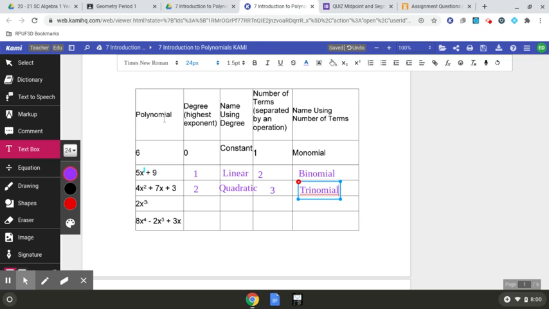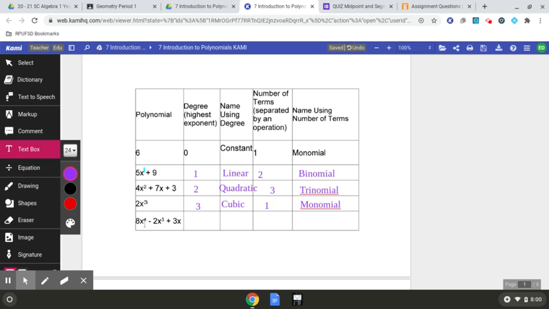The next one, 2x cubed, my highest exponent here is a 3. This is the last one that you have to know the name for, and it's called cubic. And then again, we are going to learn how to graph that, what it looks like. This only has now one term. There's no plus or minus here. So it repeats the name, which is, again, monomial.